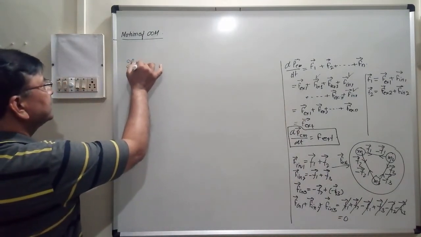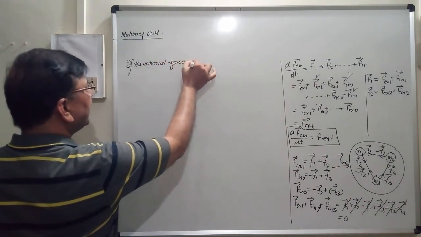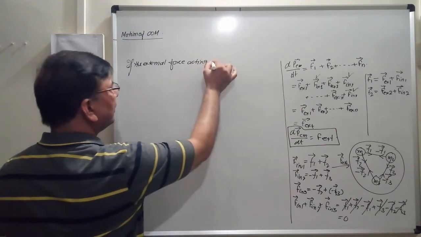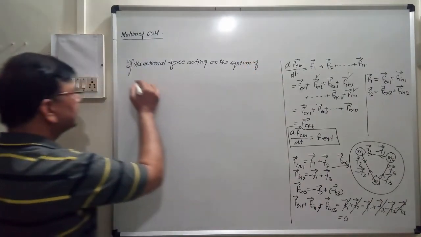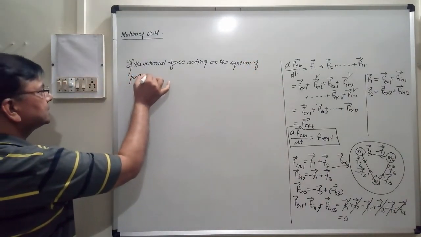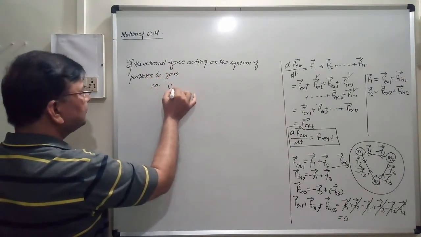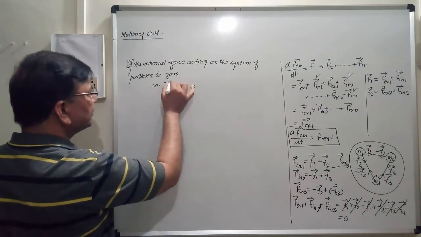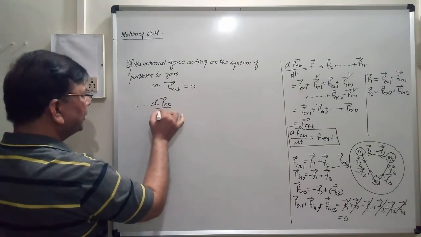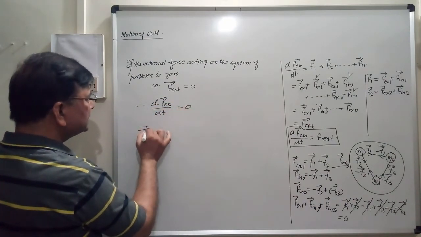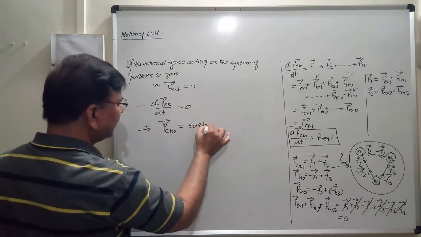If the external force acting on the system of particles is 0, that is F external is equal to 0, therefore dp center of mass upon dt is equal to 0, and this implies p center of mass is equal to constant.